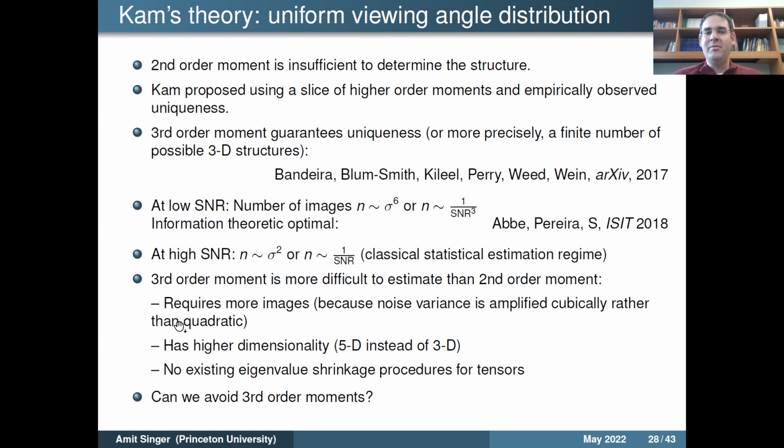The third order moment has much higher dimensionality, like I told you before, it's 5-dimensional instead of 3-dimensional. And in terms of statistical estimation, at least I'm not aware of existing eigenvalue shrinkage procedures like we have for high dimensional covariance estimation in the tensor case. So the question is, can we somehow avoid the third order moment and still stick with the second order moments?